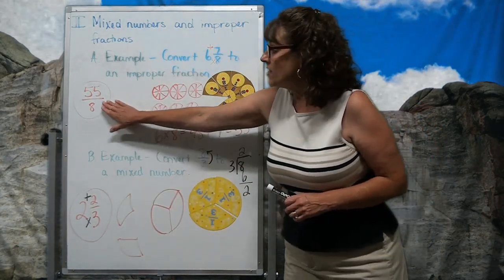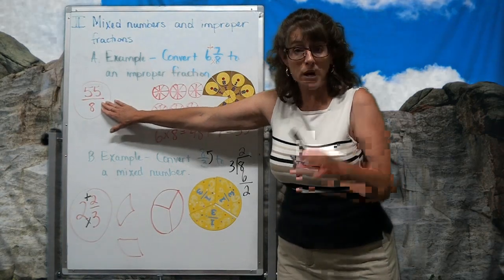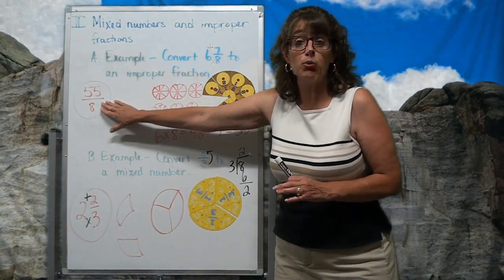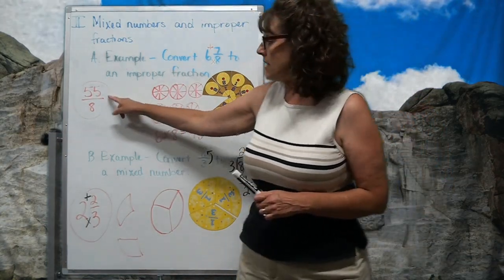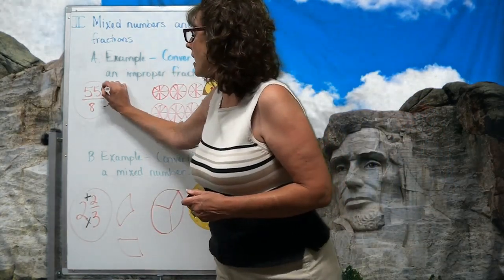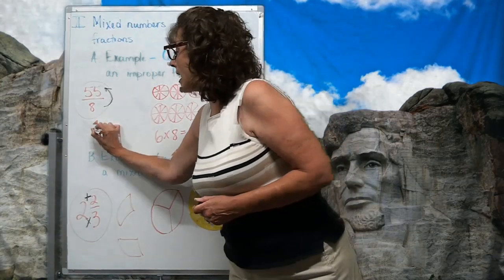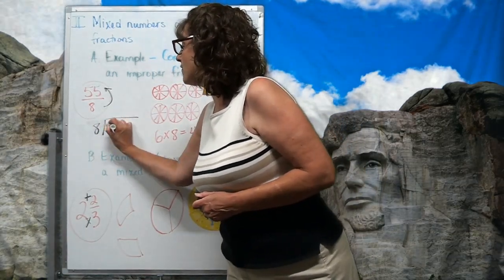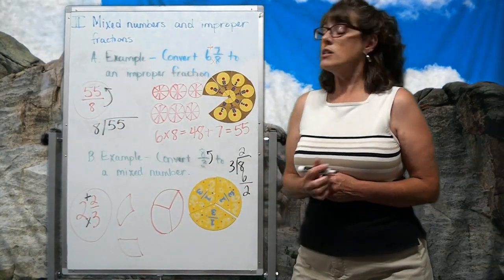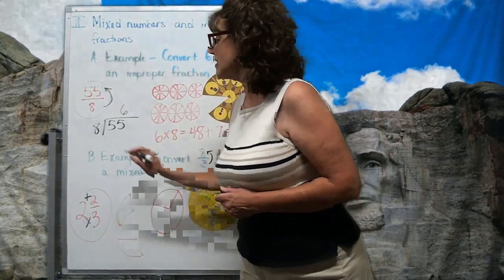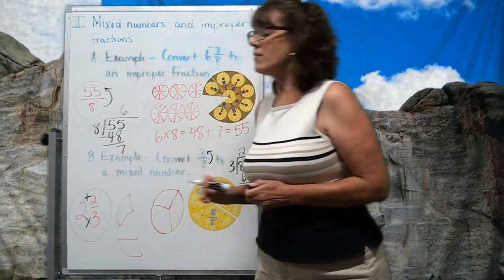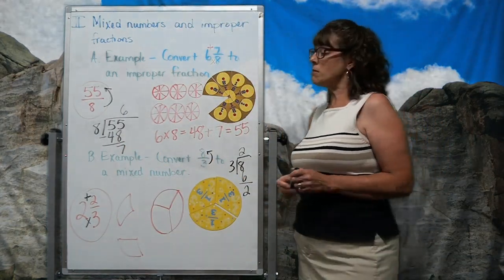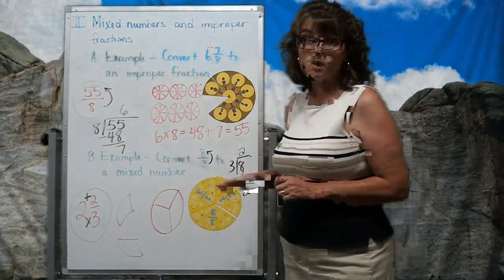Now let's take a look at this improper fraction, and let's practice once again the idea of converting an improper into a mixed number. Once again, the bar means division. I'm going to divide up. So I'm going to take my 8 and I'm going to divide it into 55. 8 goes into 55 6 times, and 6 times 8 is 48. And when I subtract, I get a 7. And remember, I'm not turning this into a decimal, so I'm not going to put a decimal point and string a bunch of zeros.